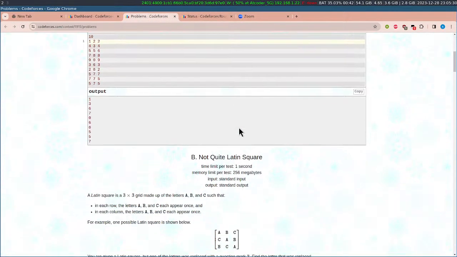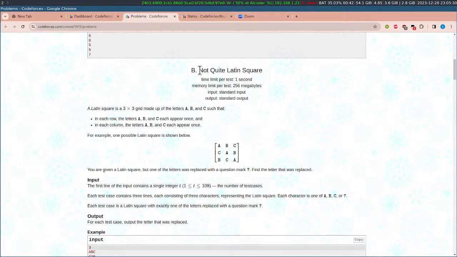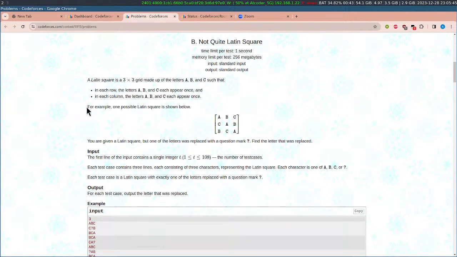The second problem statement says Not Quite Latin Square. A Latin square is a 3 by 3 grid made up of letters A, B, C such that in each row the letters A, B, C each appear once, and in each column the letters A, B, C each appear once. For example, one of the Latin squares given to us is ABC, CAB, BCA.